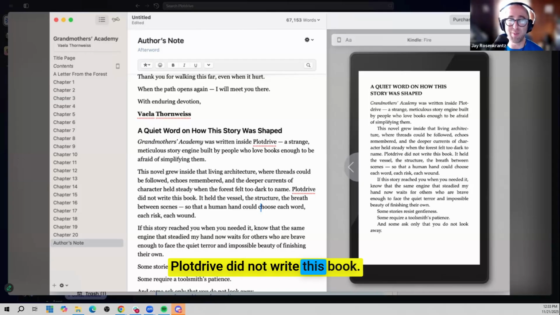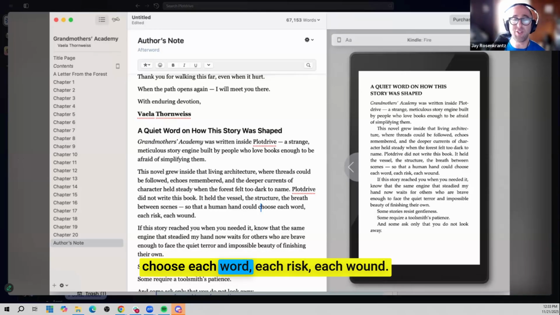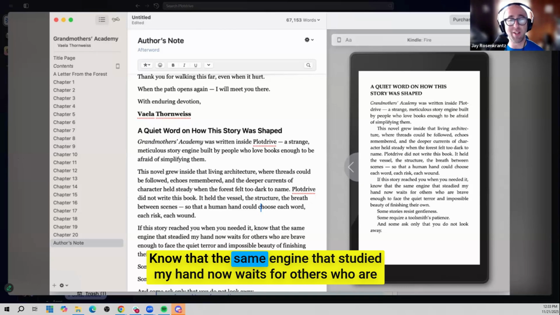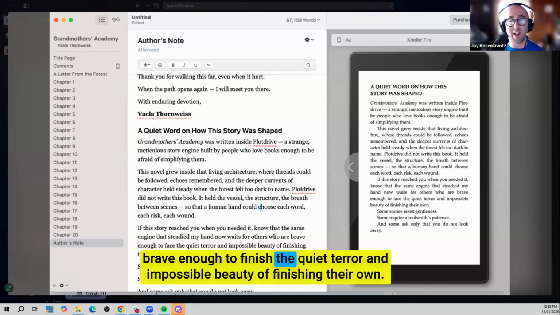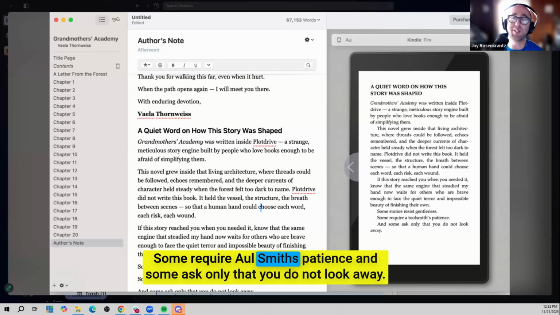Plotdrive did not write this book. It held the vessel, the structure, the breath between scenes so that a human hand could choose each word, each risk, each wound. If this story reached you when you needed it, know that the same engine that steadied my hand now waits for others who are brave enough to finish the quiet terror and impossible beauty of finishing their own. Some stories resist gentleness, some require a toolsmith's patience, and some ask only that you do not look away.